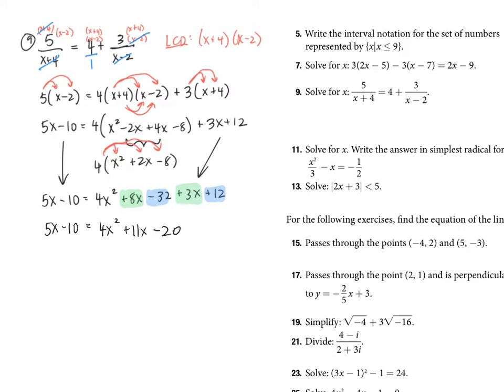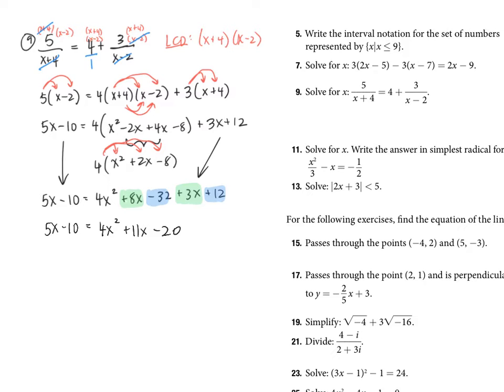All right. And now we're going to see, well, what kind of equation do we have? So since we have the 4x squared, that's a quadratic equation. So to solve a quadratic equation, we have to get all of our terms on the same side and set it equal to 0. So that's what I'm going to do here.